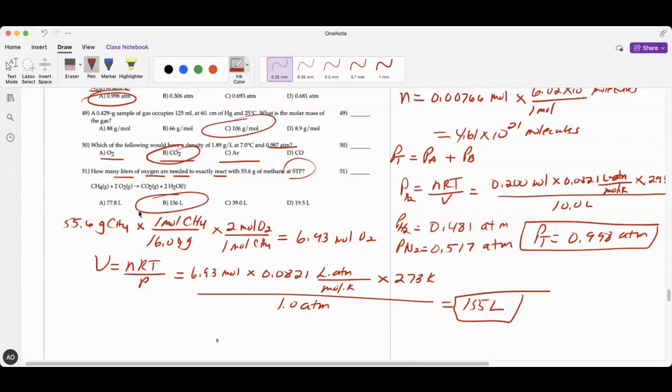Can you write the equation for the bomb calorimeter and the other calorimeter? Well, basically, for coffee cup calorimetry, you're looking for Q, and that's equal to the mass times the specific heat capacity times delta T. And then for the bomb calorimeter, it depends on what you're given in the problem.